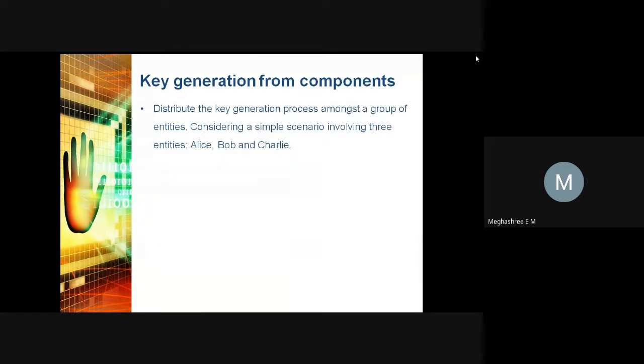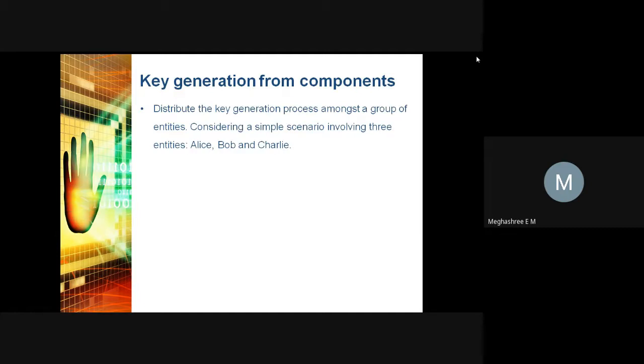All these entities take part in generating the keys. So if one entity is compromised here, that will not affect the generation of the key in this method. Why? Because the responsibility is shared between a group of entities. This method we call the component form method, or key generation from components.